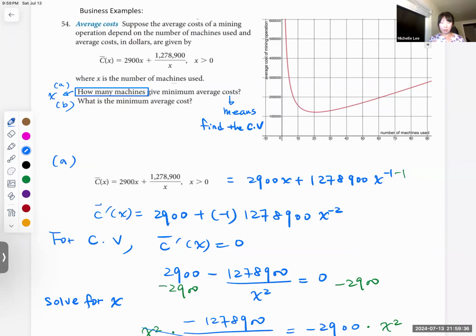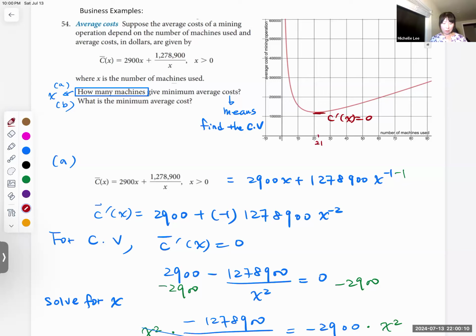We can see from the graph easily, there is red. So let me write down here, there is a flat, which is C prime of x equal to 0. You guys okay with this? That's why we need the critical values there. All right, in that case, x equal to 21, right? So that part is 21.